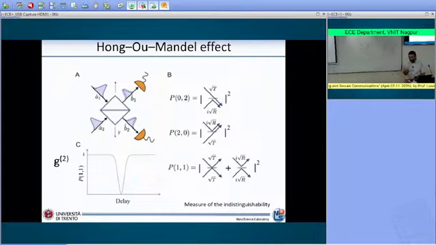And having photons that are indistinguishable is essential for any quantum application of my photons. Okay? In a quantum computing experiment, I do not want the result of the calculation to depend on the specific photon that I'm using. Okay? Any photon should give me the proper result of my calculation.